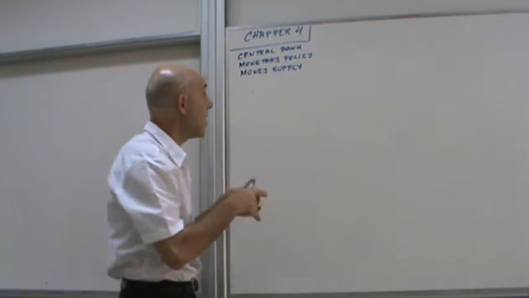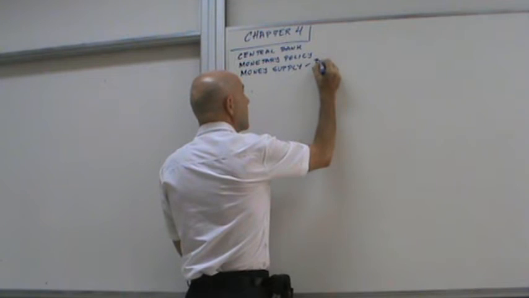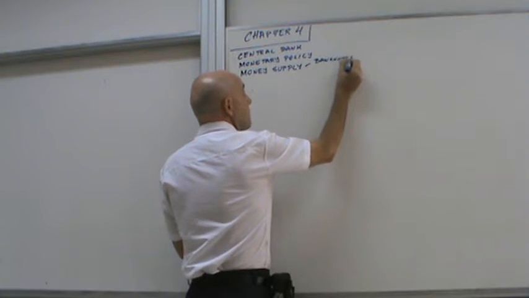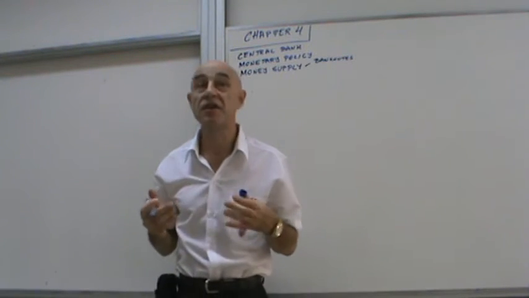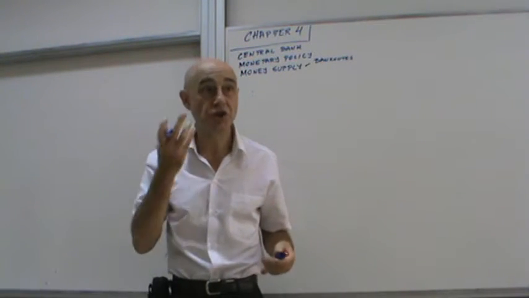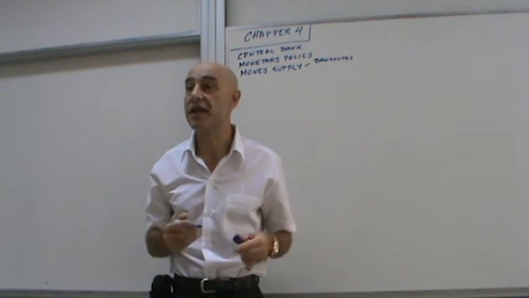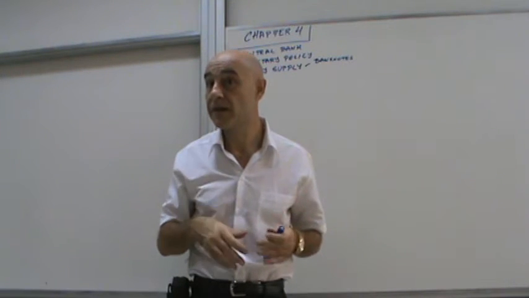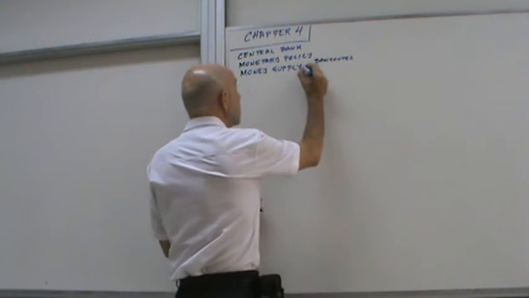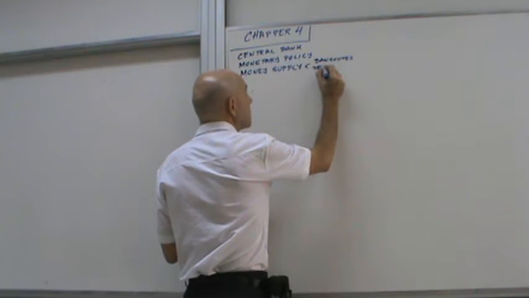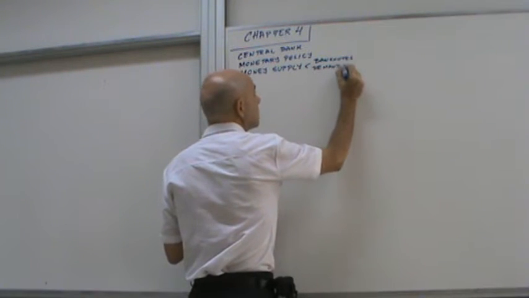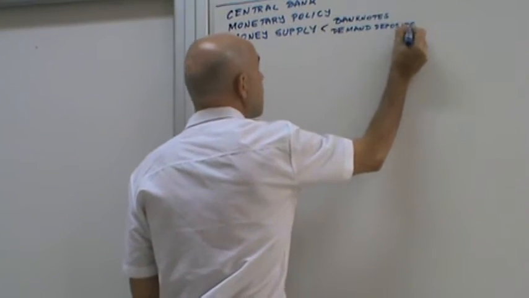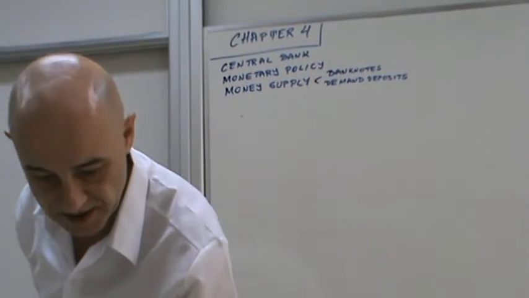So, money supply is determined by banknotes. We call these banknotes in circulation, banknotes outside the central bank. These would be banknotes in your pocket. And demand deposits. Demand deposits, that's money supply.